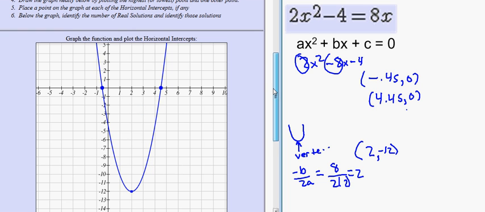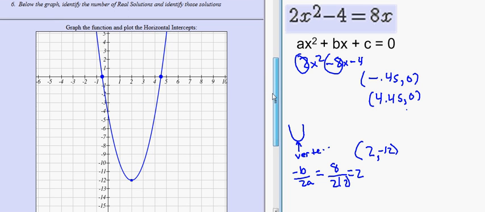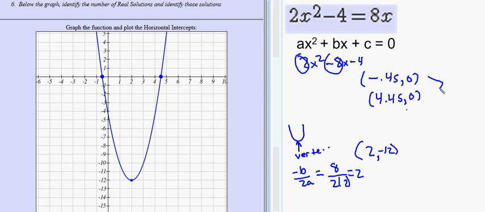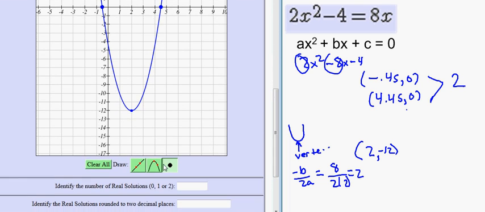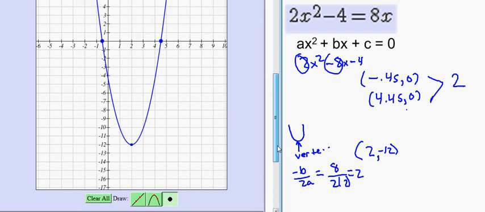Now it says, finally, below the graph, identify the number of real solutions. There are 2. We got 2 real solutions, and identify those solutions. So let's go down and do that. Identify the number of real solutions, whether 0, 1, or 2, well, 2. Identify the real solutions rounded to 2 decimal places.